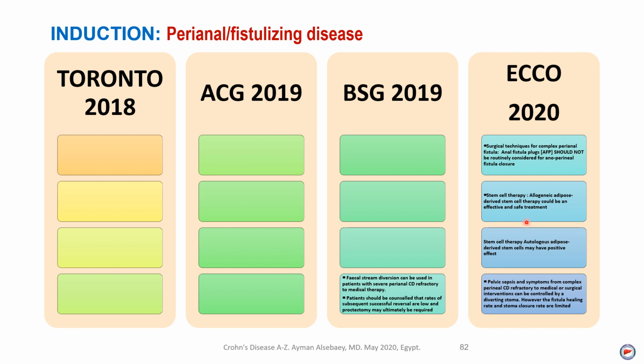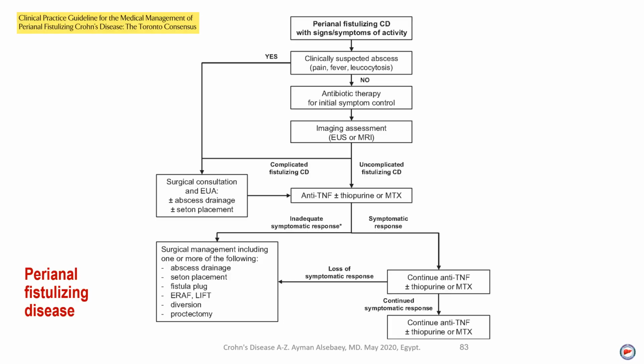The ECHO guidelines said that you can try other types of therapy like allogenic adipose-derived stem cell therapy, okay? And also they said that if there is no response to medical and surgical therapy, you can use a diverting stoma. This is the last line, and we always try to avoid it because reversal of anatomy is difficult.